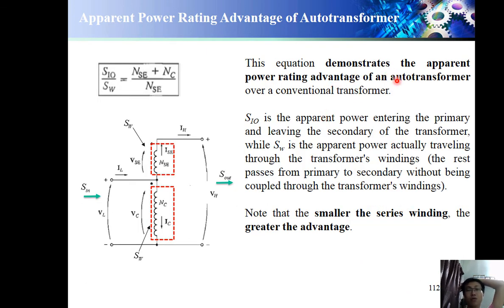So this equation demonstrates the apparent power rating advantage of an auto transformer over a conventional transformer.